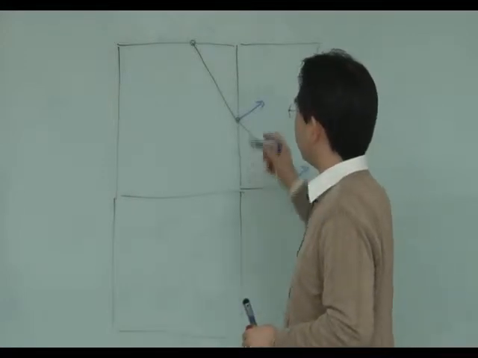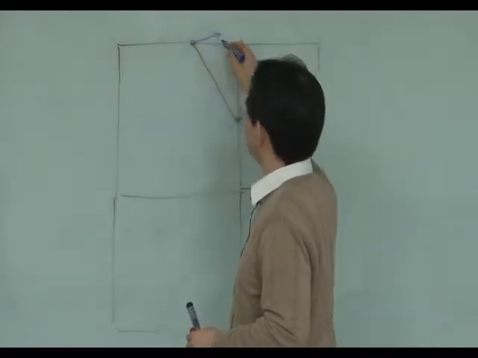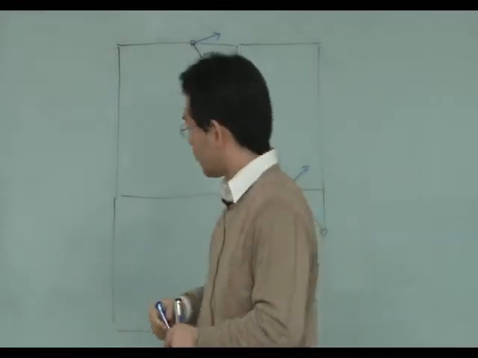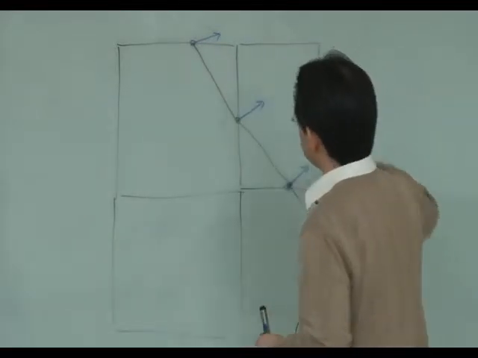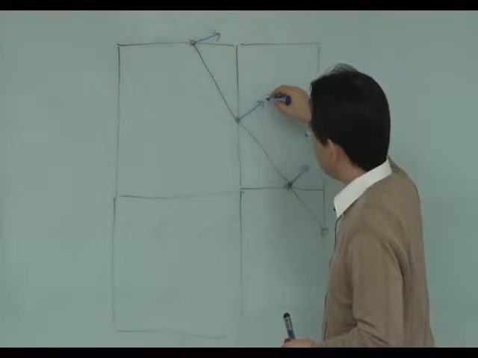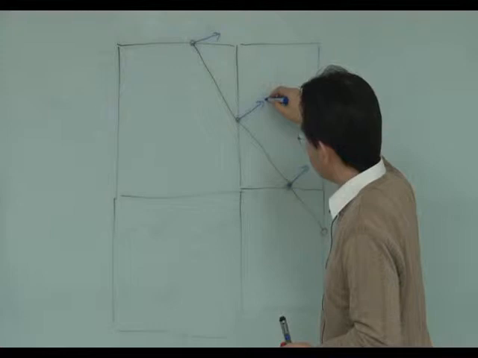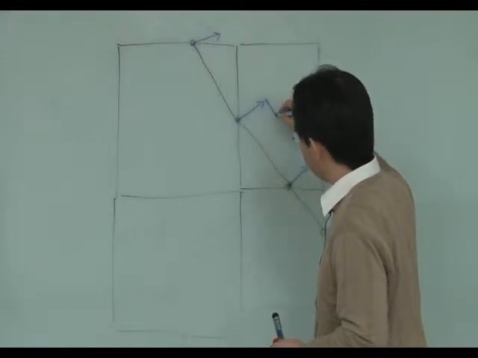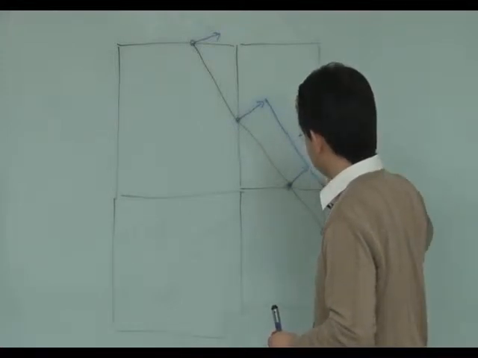Segment vertex points. So based on this definition, the next segment will be like this.